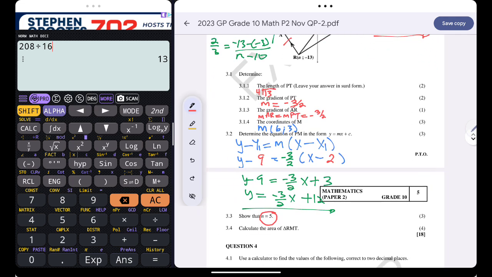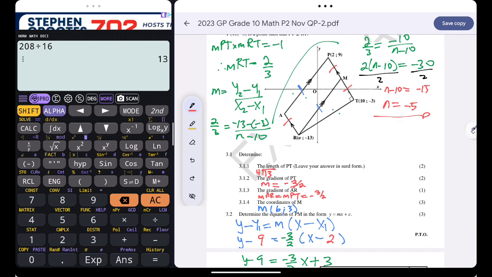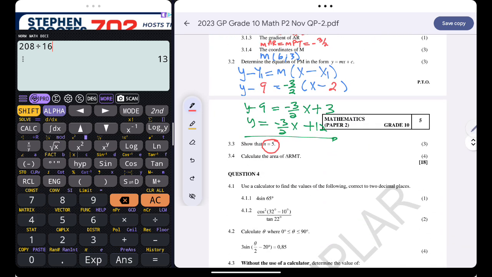Okay. Now I'm asked to calculate the area of triangle RMT. For me to find the area of a triangle, I only need 2 things, the length and the base. So how can I do that?